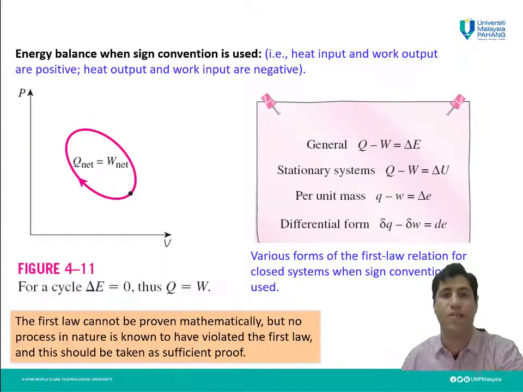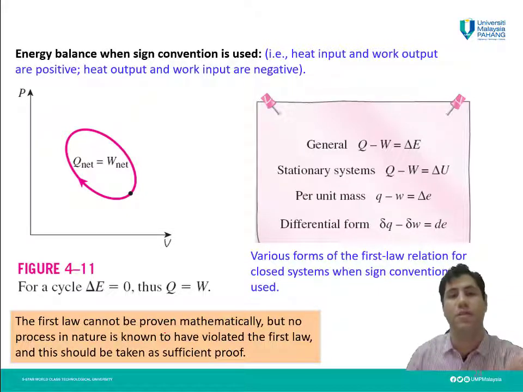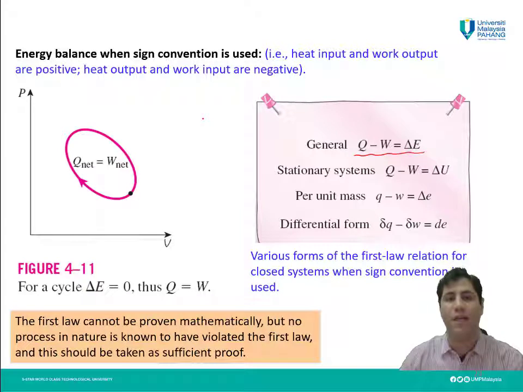So for a system, we need to calculate both W net and Q net, which should be calculated according to the direction of the work and heat for that system. So when we are using these energy balance equations, we need to have an assumption for the direction of the heat and work.